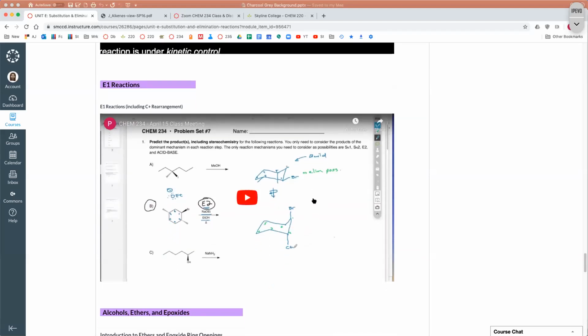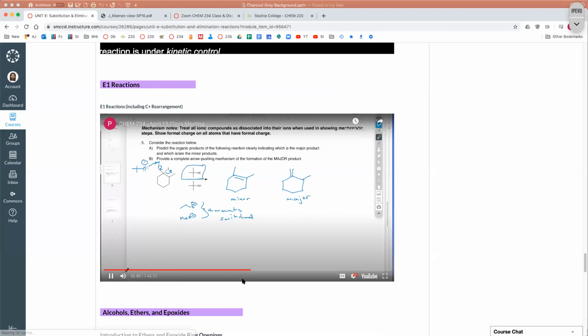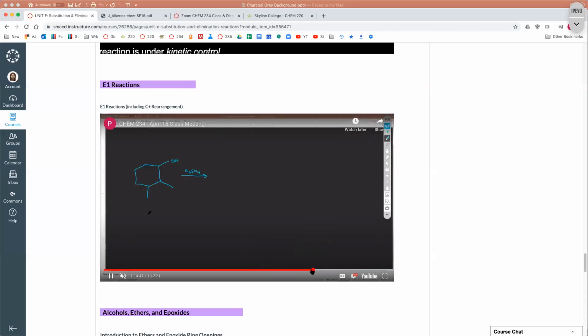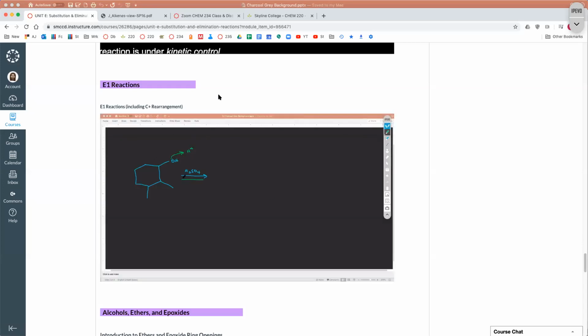And then the E1 reactions I did go over in depth in one of the lecture meetings, and so you'll see that here. What I've tried to do on these is, if you click on these here, it jumps ahead to where I started talking about the eliminations. And I think I've also got it set to end when I stop talking about eliminations, so that you really can just focus in on what I've looked at without me having to have multiple uploads of videos.